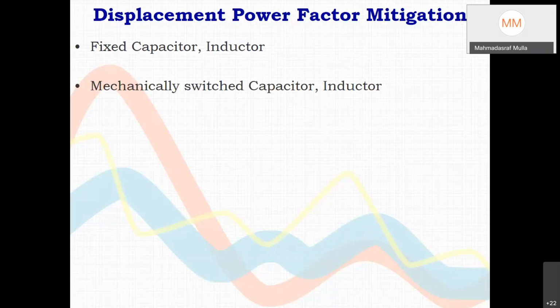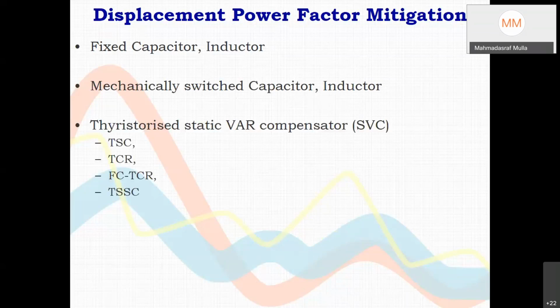Then later stage, mechanically switched capacitor, inductor were introduced. This beautiful subject, SVC. So thyristor controlled capacitor, thyristor controlled reactor, FC-TCR, fixed capacitor, thyristor controlled reactor. So thyristor switched series capacitor. So many arrangements based on thyristor were introduced.